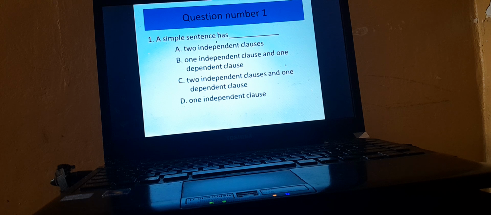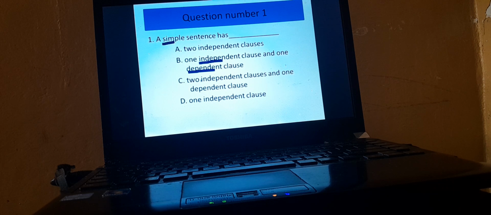The first question, number 1, says: a simple sentence has blank. A, two independent clauses. B, one independent clause and one dependent clause. Here don't be confused: this is dependent and this one is an independent clause.